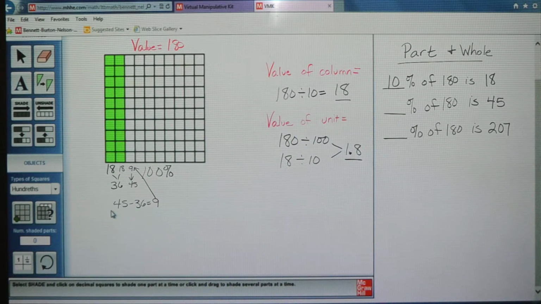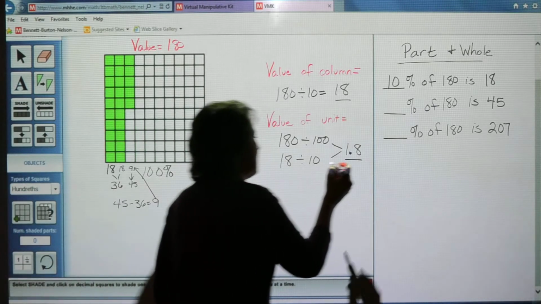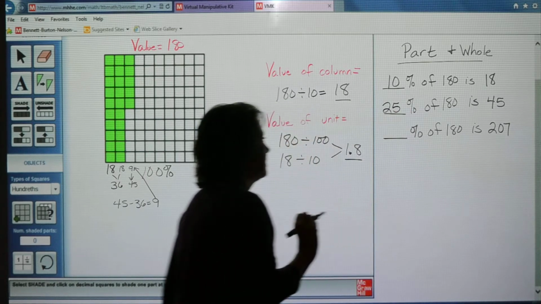I'm not going to have to do a whole lot of work. How does 9 relate to 18? Look at that, it's half of it. Which means that I'm going to need to color in half of the column, or 5 squares, and I have my answer. What percent of 180 is 45? Well, I have 25 squares colored in. The answer is 25%.